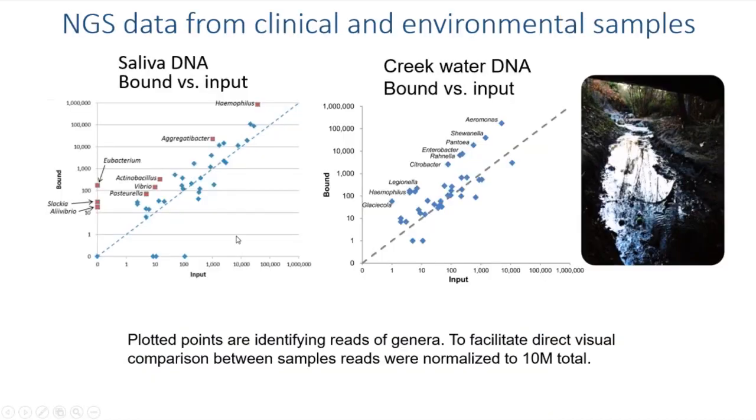This first one on the far left is saliva, and we're looking at a pooled human sample that has gone through enrichment. So the input is not enriched, and again, this is out to 1 million reads or so, normalized actually to 10 million reads. And on the vertical axis is the enriched bound fraction, and you see immediately the same kind of thing.